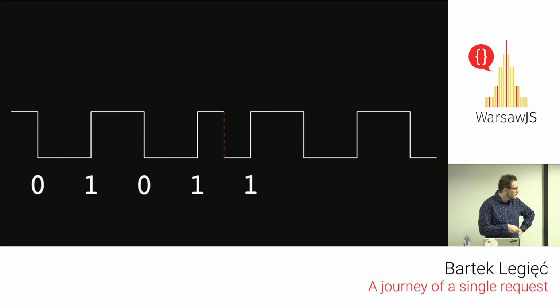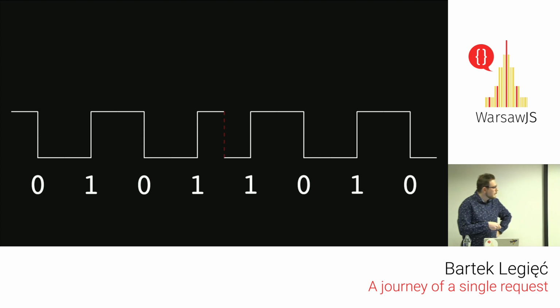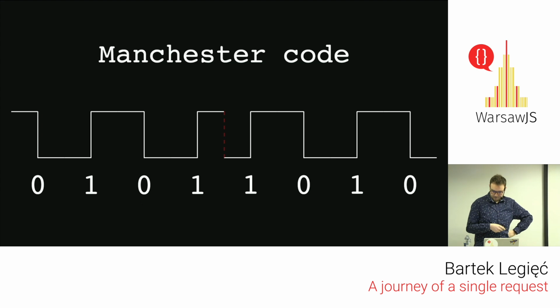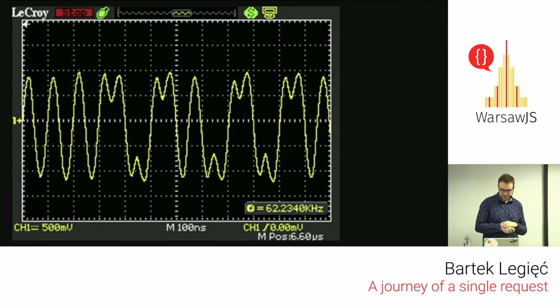And it goes again and again. You can see this red dotted line in here. It looks a bit like there's some magic, but there really isn't. It is called the Manchester code because people in Manchester came up with it. Here you can see how it can work with the dotted line.